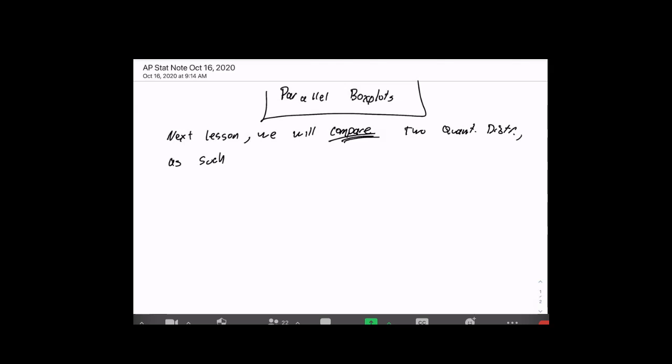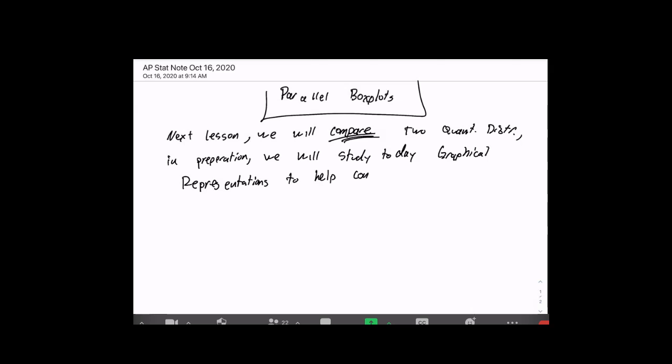As such, or in preparation, we will study today graphical representations to help compare.